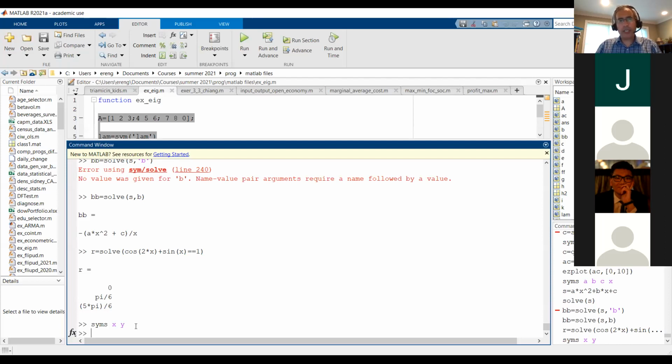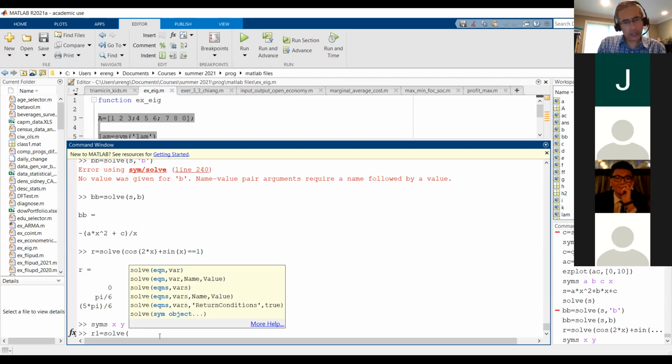So I will define syms x and y because that's what I want to find. And let's say R1 equals solve. Let me see, I define this as x to the power 2 times y to the power 2.